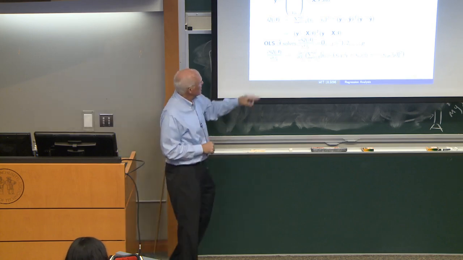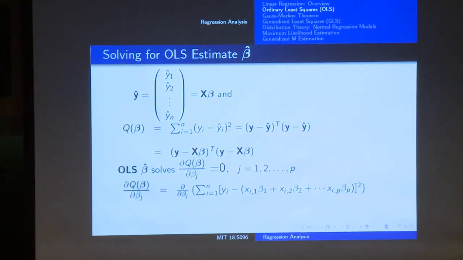What is dQ of beta by d beta j? Well, you just take the derivative of this sum of all these elements. The derivative is a linear operator, so the derivative of a sum is the sum of the derivatives. We take the summation out, and we take the derivative of each term.